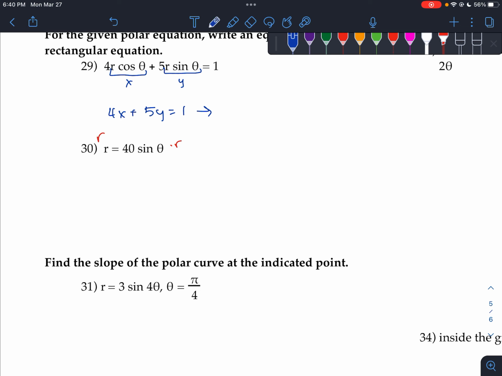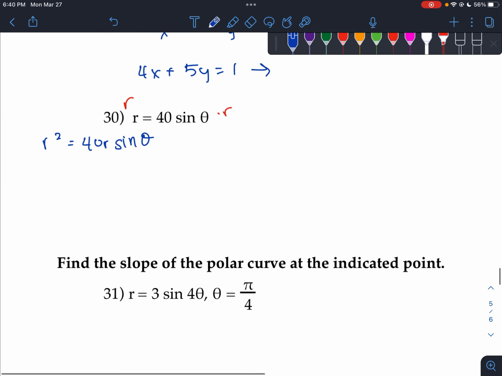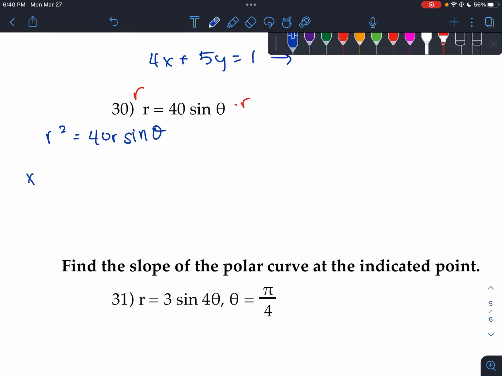So you get r squared is equal to 4r sine of theta. And the reason why that helps you is because you can replace r squared with x squared plus y squared. And this r sine of theta you can replace with y. So thus you get rid of all polar things. So you'll have x squared plus y squared is equal to 4y.